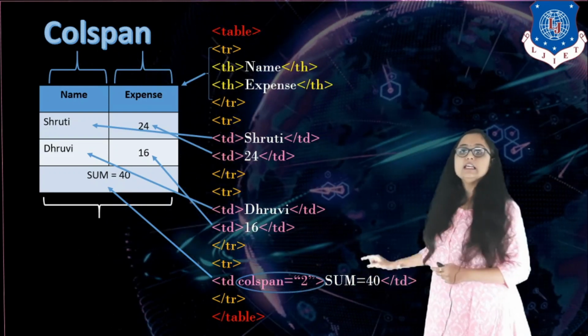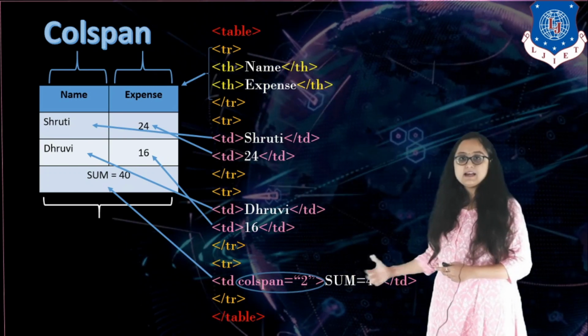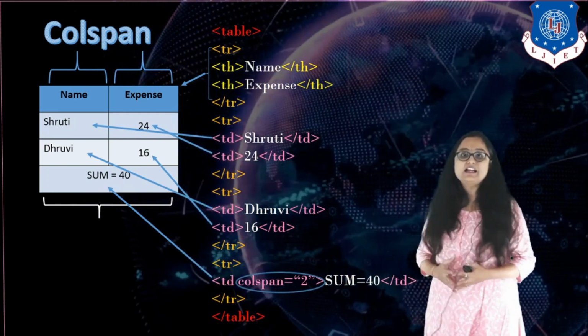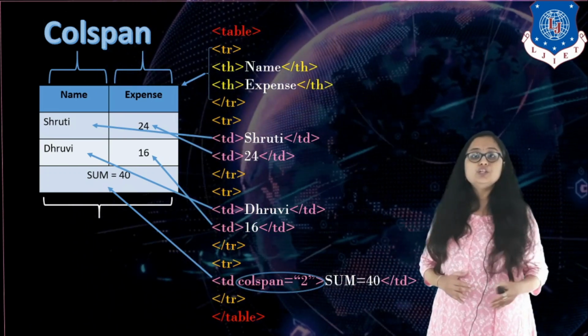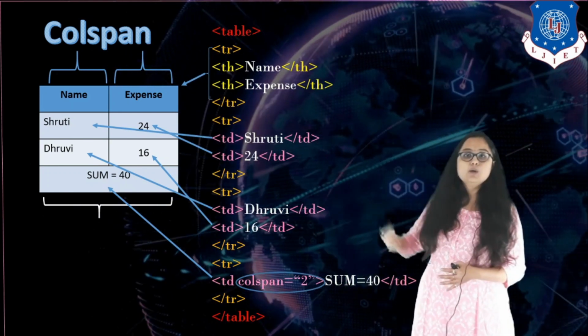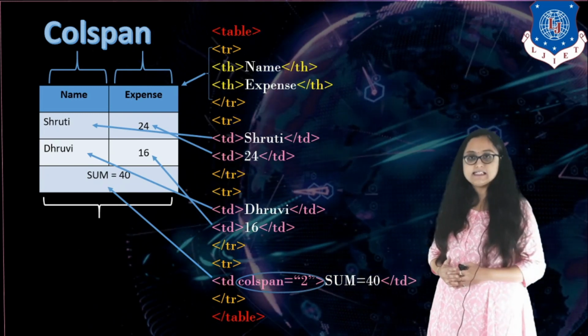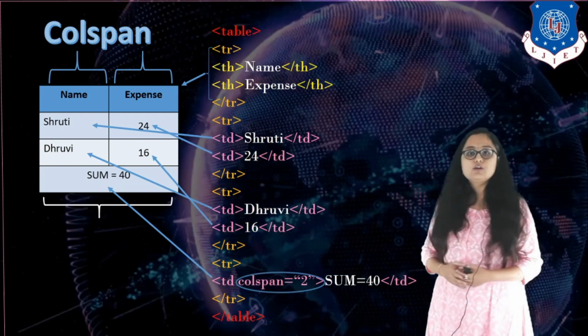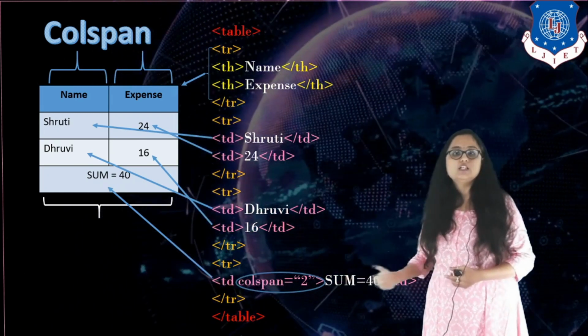Similar to that, here we are writing the numeric value or the value of our attribute colspan according to the number of columns that we are combining. So here you can see how many number of columns we are combining. Yes, exactly. 2 is the number of columns that we are combining, so I have written is equal to 2.